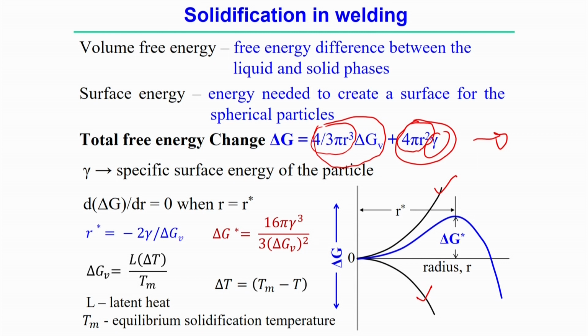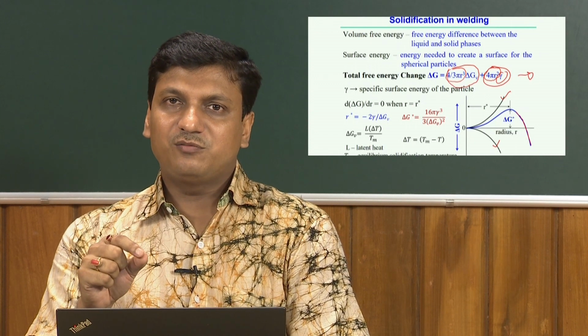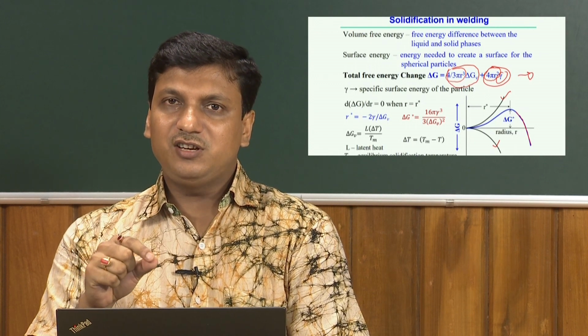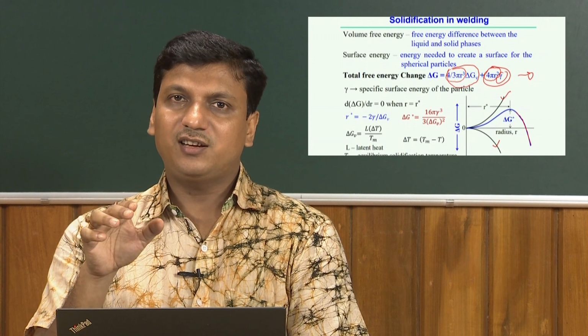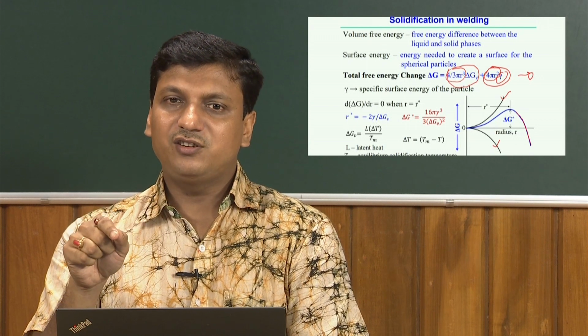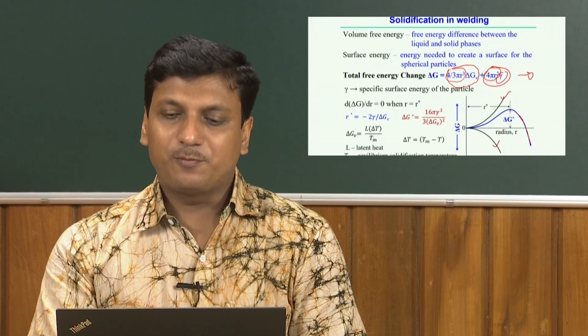Now, the overall total free energy change can be represented like this. Initially, the total free energy is balancing between the surface energy and the volume energy. So, balancing these two, it initially grows and reaches a maximum point, and then the energy reduces again, and finally reaches a negative value.